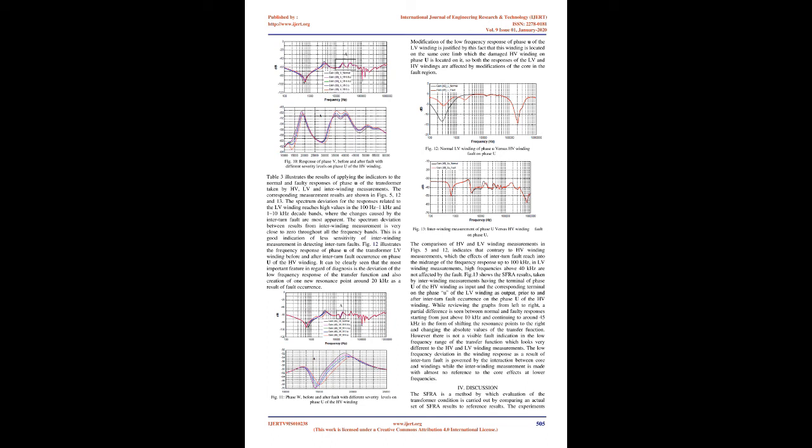It is also proved that the inter-winding measurement is less effective in detecting inter-turn faults as compared to the two other HV and LV categories. Figs 9-11 show the magnitude plot of the transfer functions corresponding to three phases of the transformer HV winding obtained from a frequency sweep analysis as a result of 0.2% winding short circuit on phase U, but with different fault resistance values to create the desired fault severity level in the shorted turns.